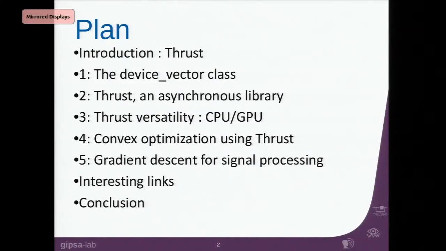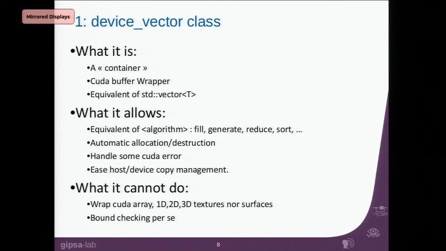I'll first dive into code and present a class that is interesting in this library, which is the device vector, that somehow mimics the behavior of the C++ standard library std::vector. We'll talk a bit about the asynchronous error handling mechanism.